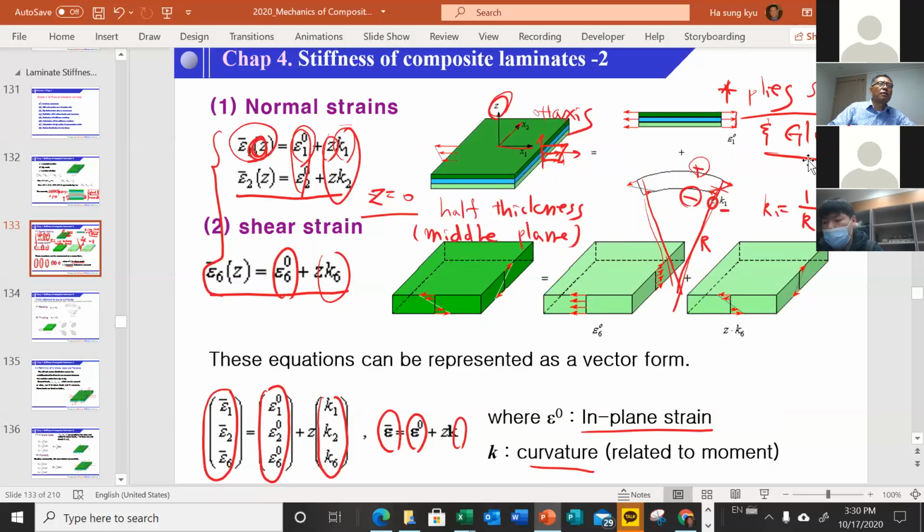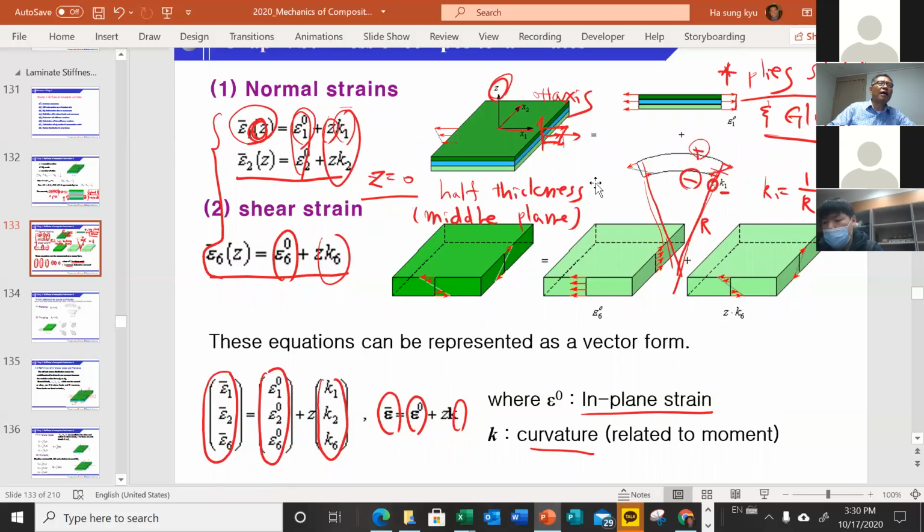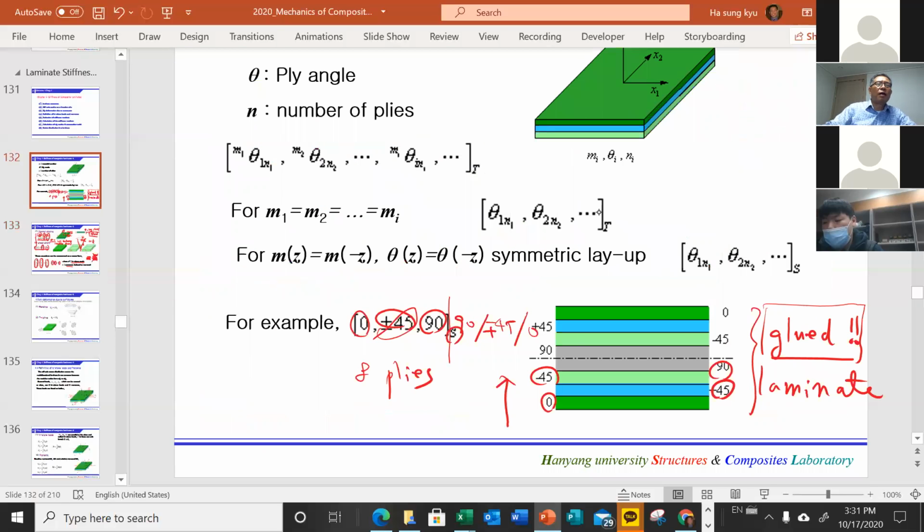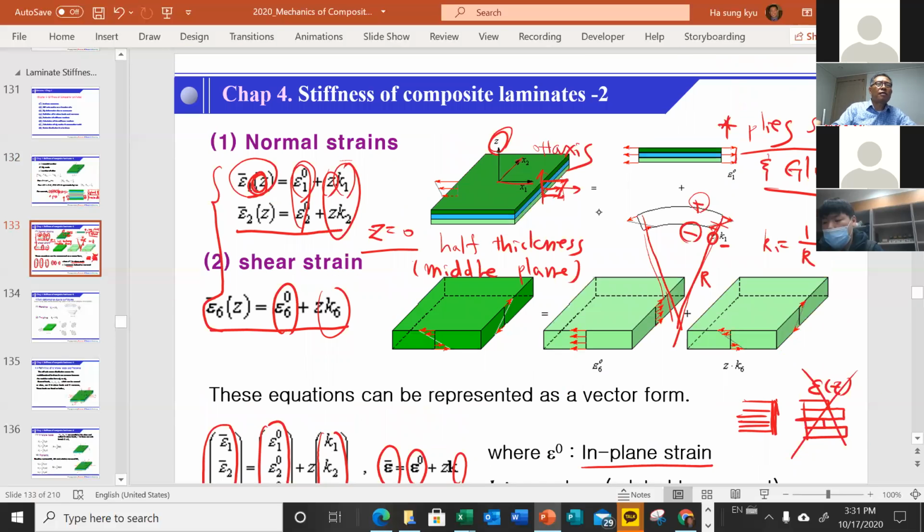They don't deform independently. If they are not glued, what will happen? When we have a multiple stack, if they are not glued, the deformation will sometimes be discontinuous, right? Discontinuous strain. That cannot happen, because all plies are glued and stacked.